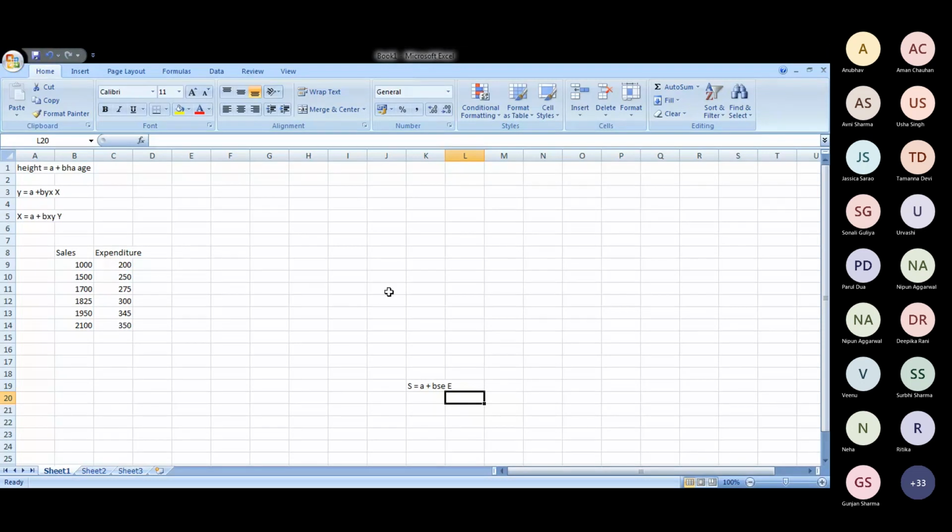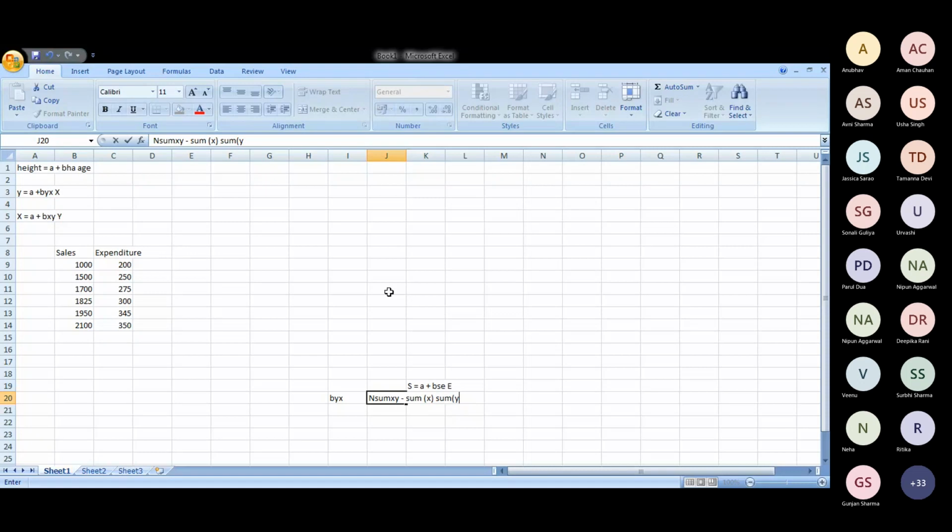So if we want to find the value of byx, the numerator will remain the same, which is n summation of xy minus summation of x into summation of y.